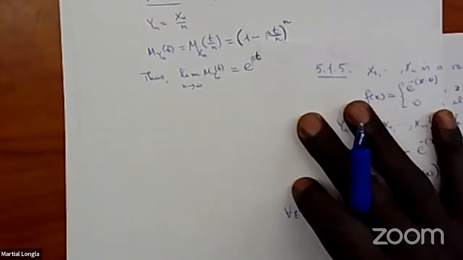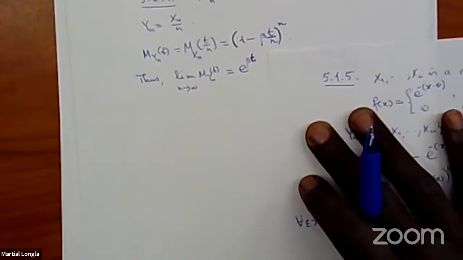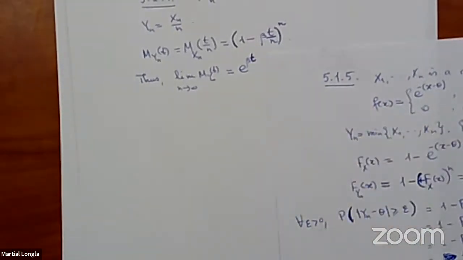So next problem. Just keep this here. That's your next problem. It says Xn follows the gamma distribution with parameters n and beta, and we define Yn equals Xn divided by n.